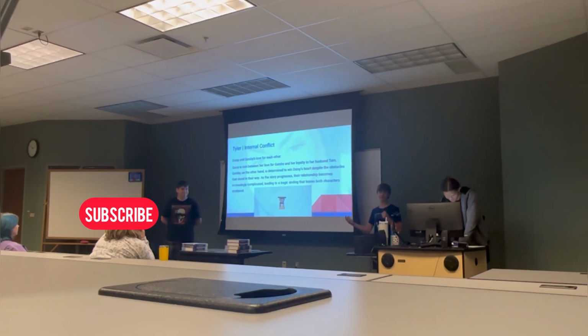Throughout the beginning of the book, they're separated and they're just really sad. Gatsby does things to try to impress her, like getting more rich, and Daisy's just more sad. Then they get together, and then it's all sad. Next slide.